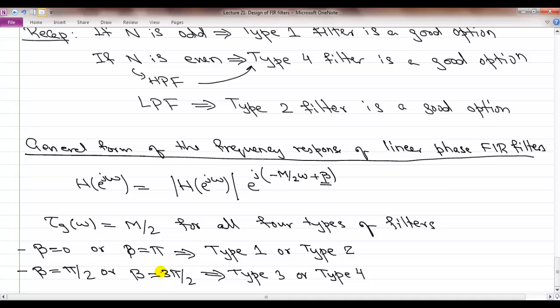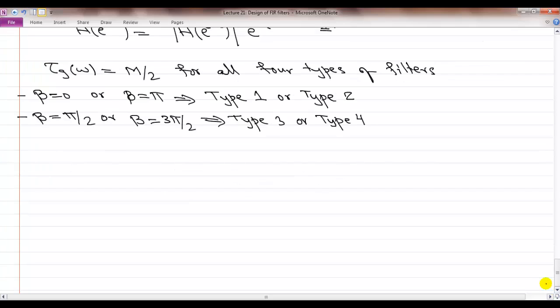Our next goal is learning a few aspects of the design of FIR filters. So from now, we'll start a new topic, which is design of FIR filters, and we'll focus on only one method, called the windowing method.